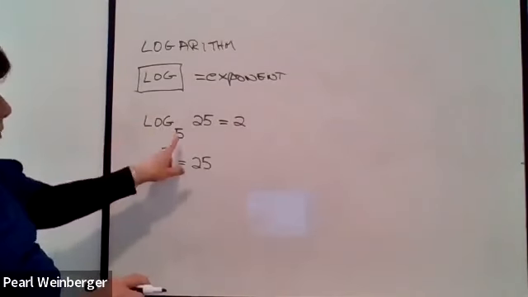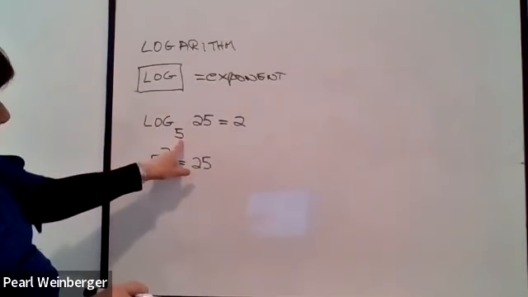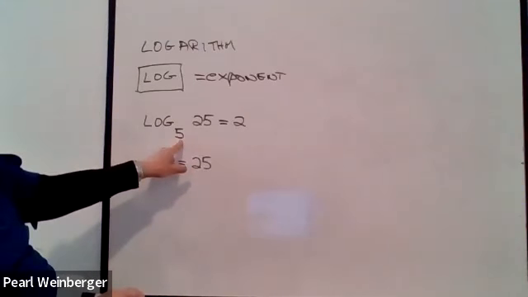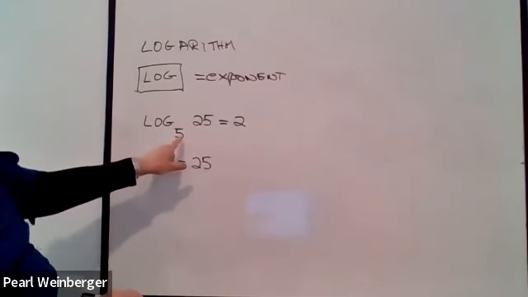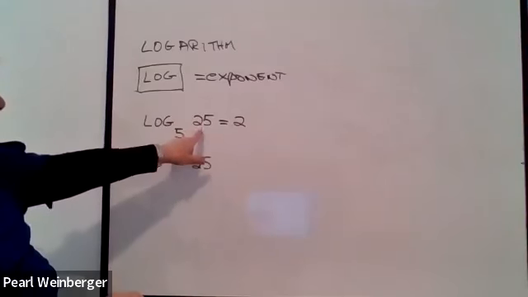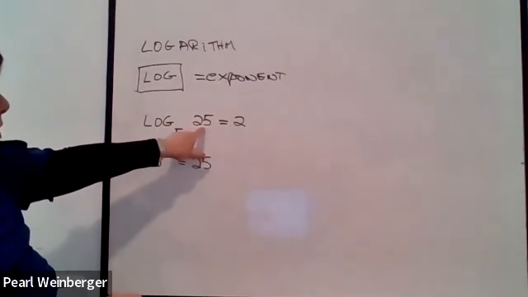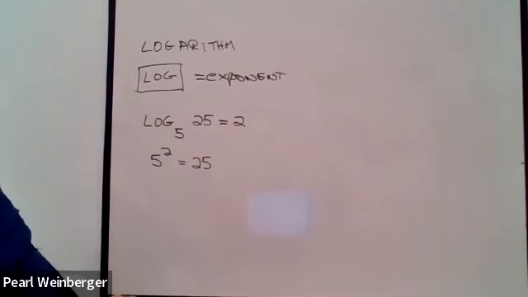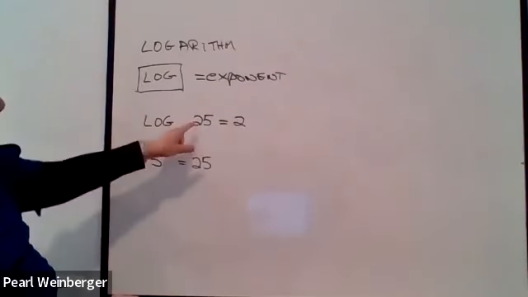Now, you have to be very careful. This subscript here, this 5, always has to be a positive number. We can't use a base that's negative. And on top of it, the number that you're taking the log of, this number over here, also has to be positive, because that's a number you get.